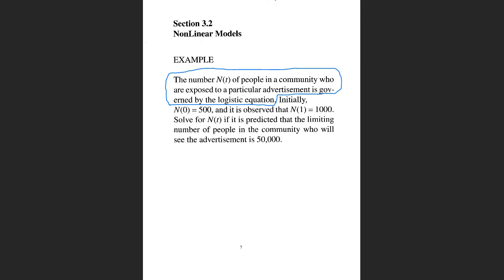Let me just ask you, if we were to model the number of people in a community who are exposed to a particular advertisement, and we said dN/dt is equal to k times N, would that be an appropriate model for this situation?